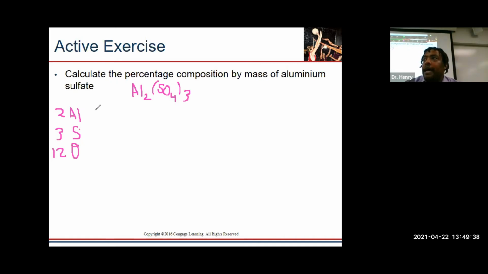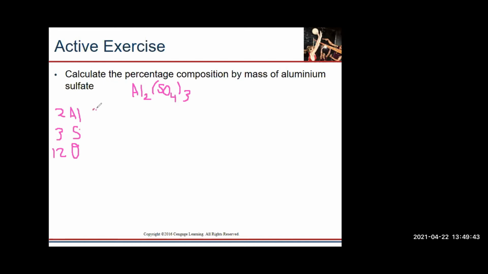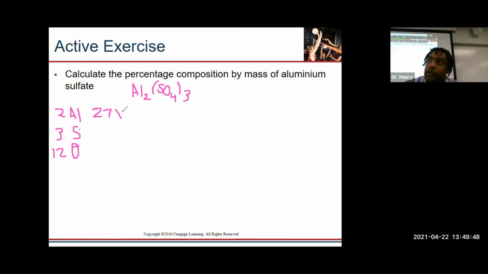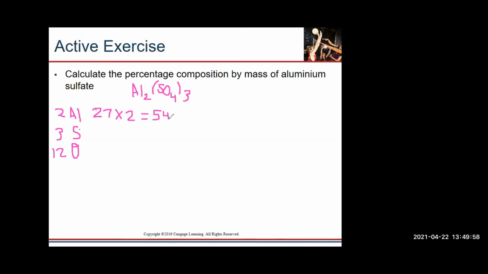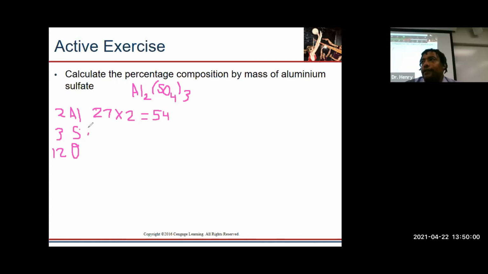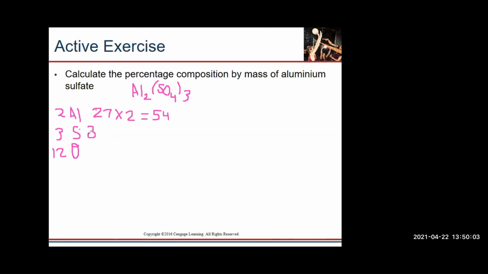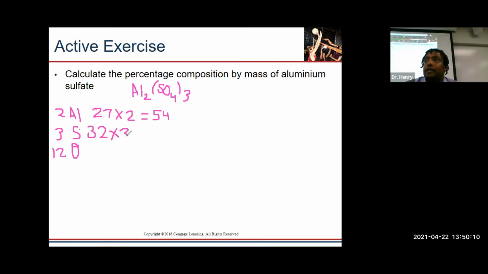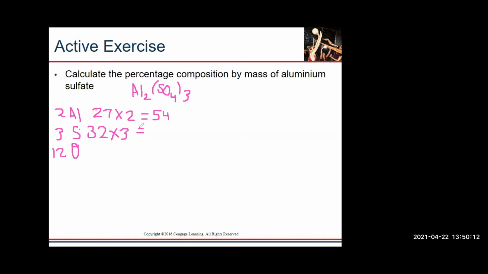Okay, and what is the mass of aluminum? Rounds to 27. 27 times 2 is 54. What is the mass of sulfur? 32.06, would be 32, times 3, 96.